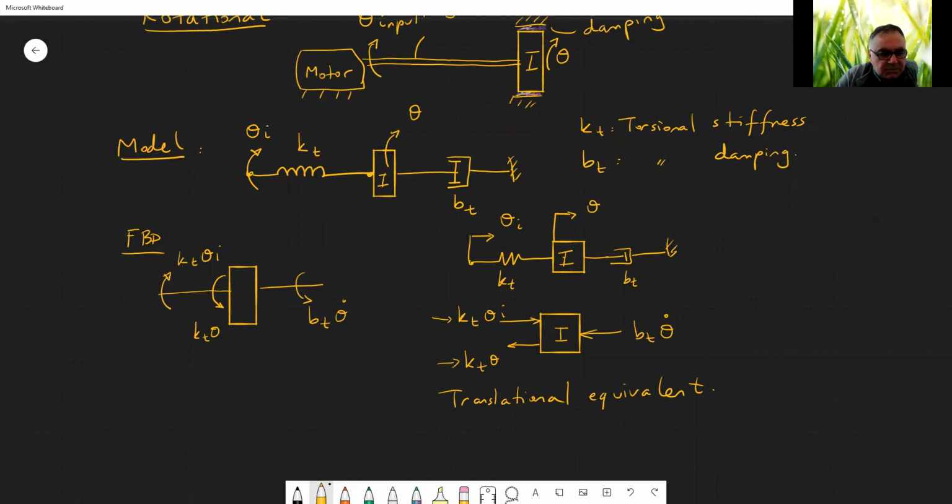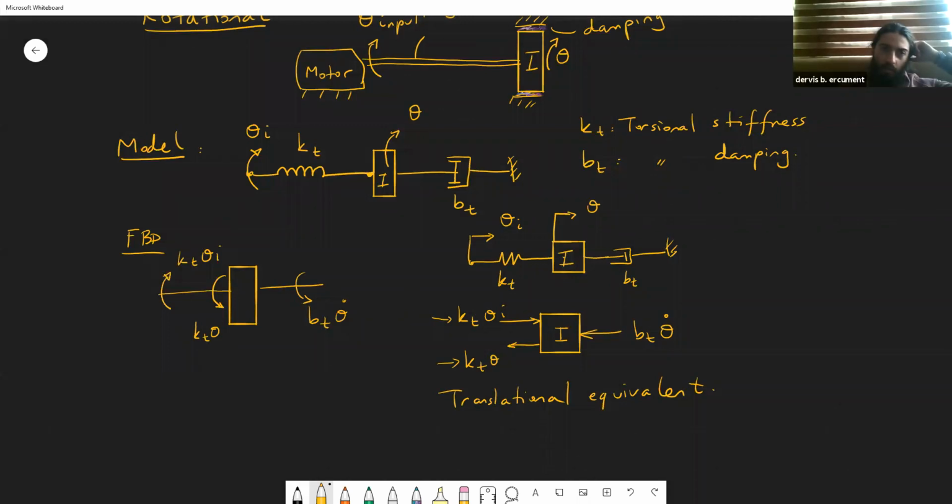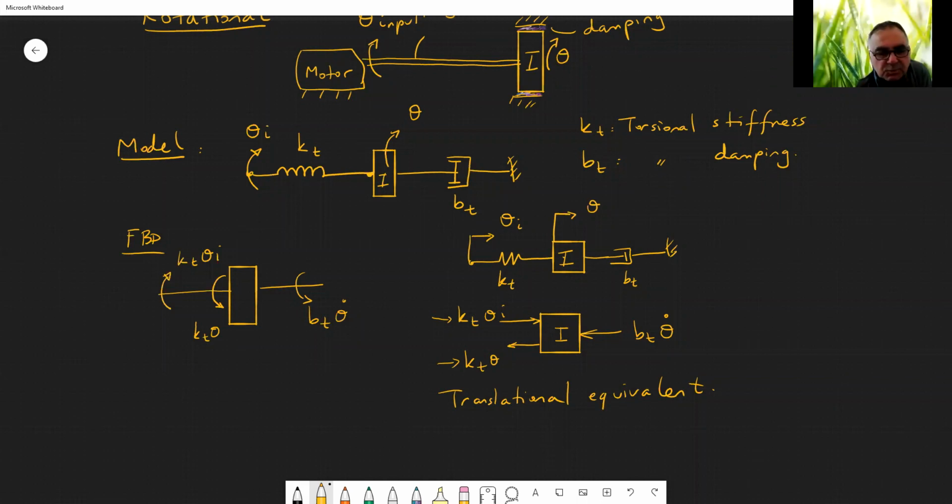So they are in opposite directions. Since there are two possible coordinates, and each coordinate creates a torque in a different direction, or if it were a translational thing, a force in opposite directions. Is this because the two different thetas are like two different displacements at the different ends of the spring? Yes, there are two different displacements.